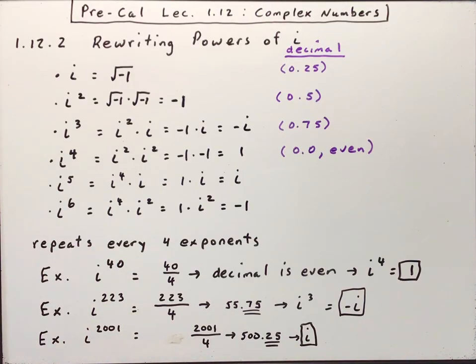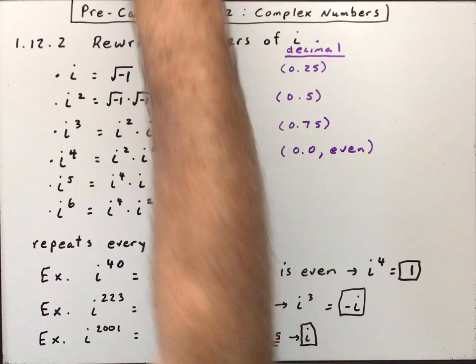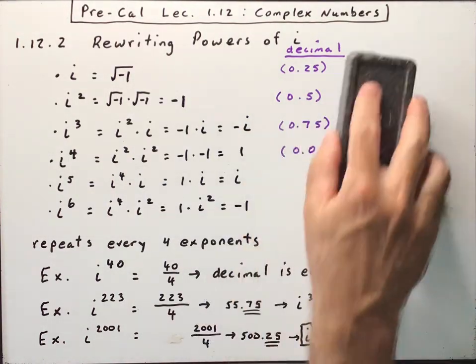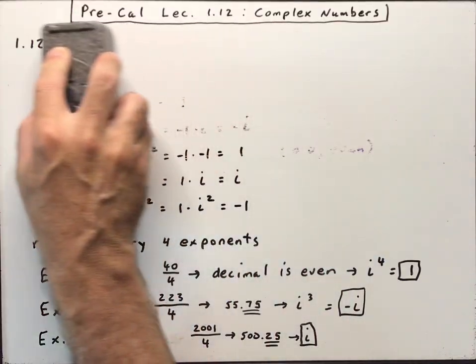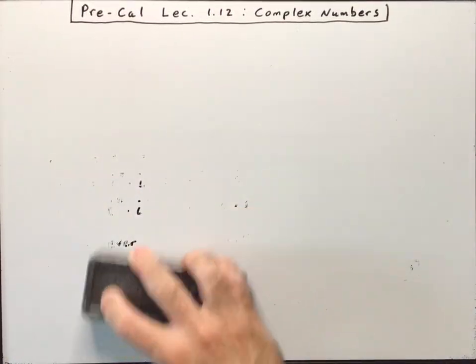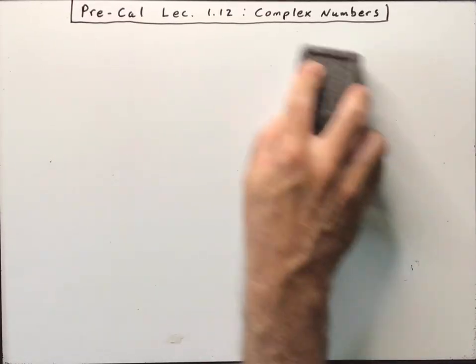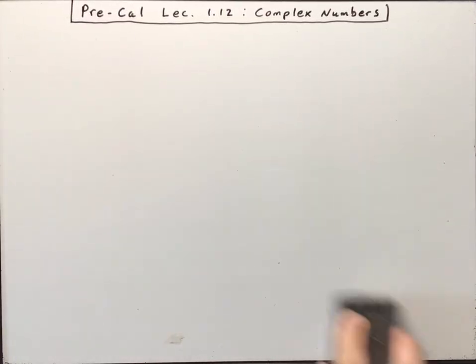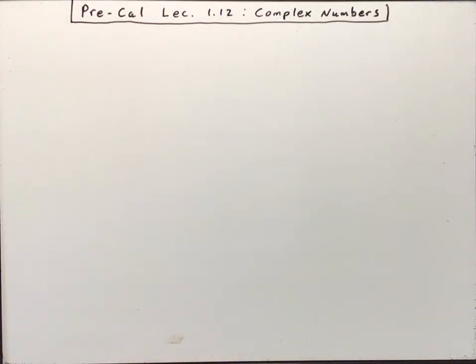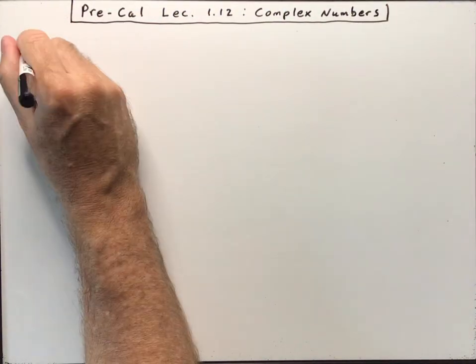Okay, so that's kind of a cheat code on figuring out where in the cycle a particular exponent is. And I'm sure there are other ways to do it, but I have found that my students have preferred to memorize it. It's pretty easy to memorize.